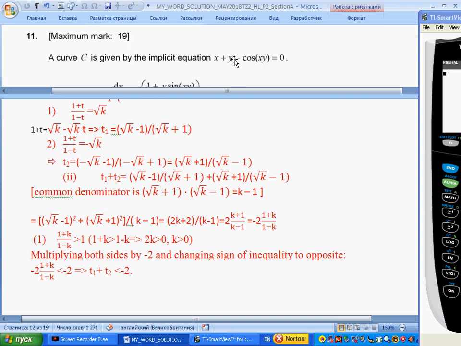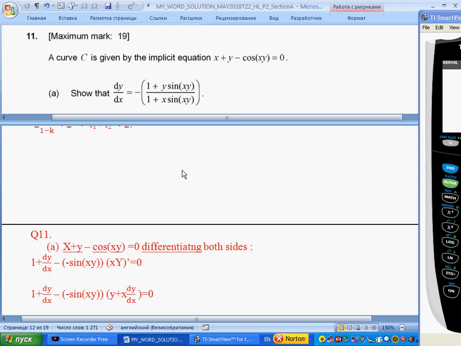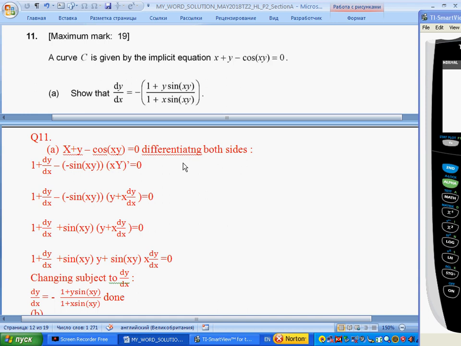Question 11. Okay. A curve C is given by the implicit equation. Show that the derivative is this expression. Let's see. So we find the derivative, differentiating on both sides.